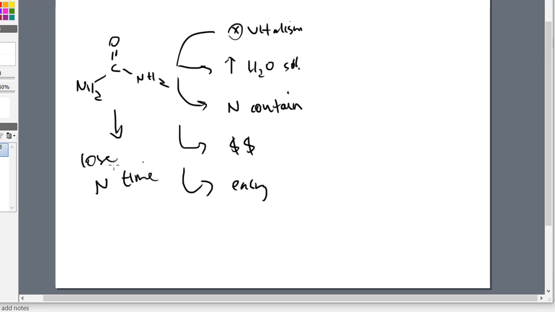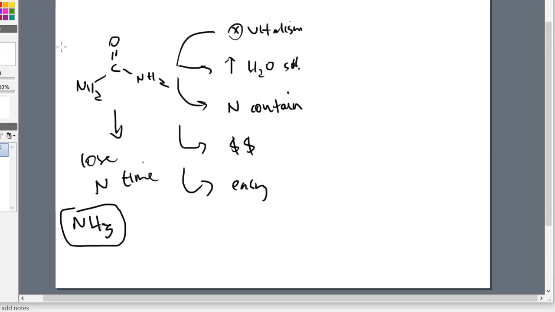And this is going to happen if it's been opened, if it's been sitting around for quite some time, if heat has gotten to it, direct sunlight has gotten to it. There's a number of different things that can go on in these fertilizers, especially in urea-based fertilizers, where nitrogen is getting lost through the production of ammonia gas, and ammonia gas is NH3.